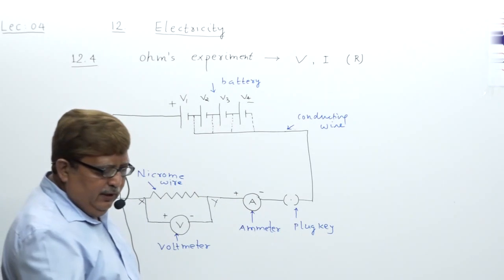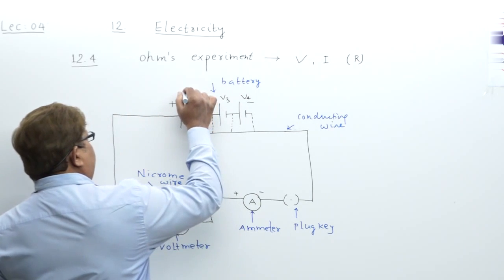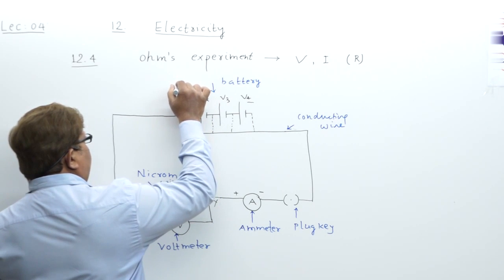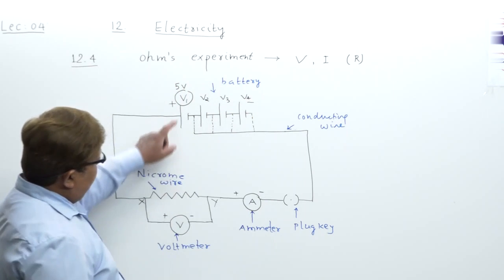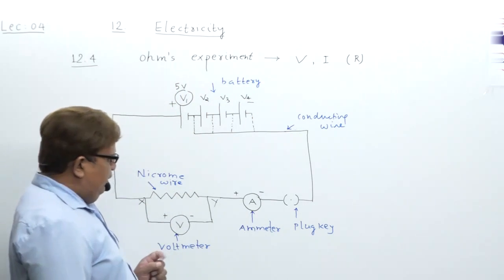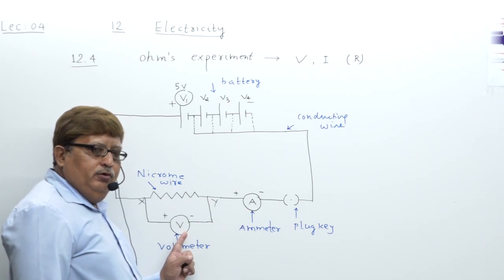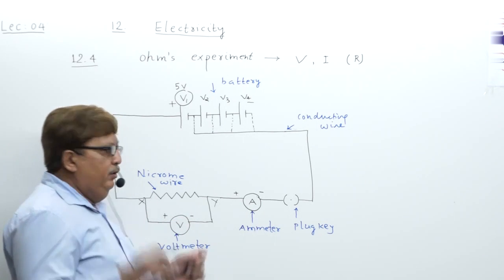Suppose we start thinking this way, my dear student, that one cell is suppose of 5 volt, suppose think like this that all are of 5 volt. So when one cell is connected, the voltmeter will show a potential difference of 5 volt.